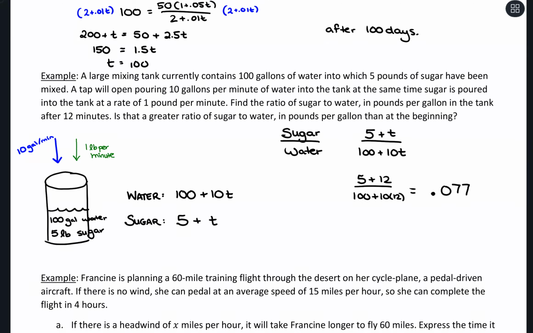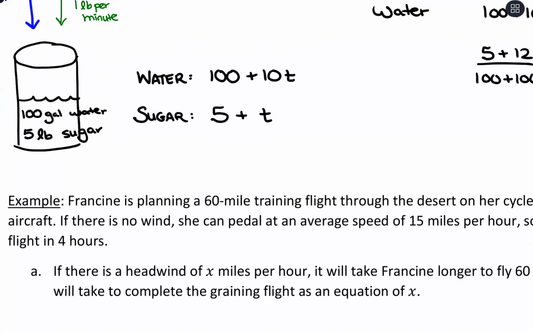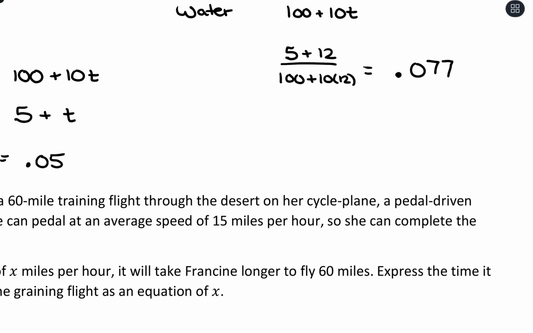Is that a greater ratio of sugar to water in pounds per gallon than at the beginning? Well, at the beginning, we had 5 pounds to 100 gallons. So let's see, as a decimal, it was 0.05. And if it helps, you could think of it as 5% of the mixture was sugar, and now 7.7% of the mixture is sugar.